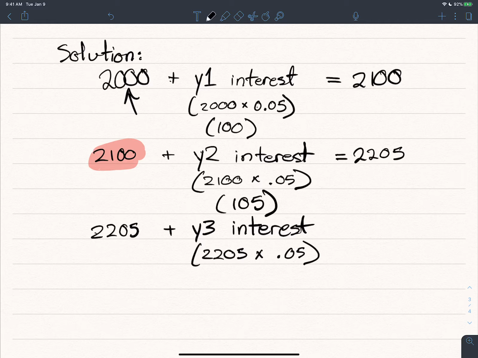Notice how the amount that you're calculating the interest on keeps going up. The first time we were just doing 2,000 times 0.05, but now the amount we calculate the interest on is continuously going up. And what's 2,205 times 0.05? 110.25. Yes.